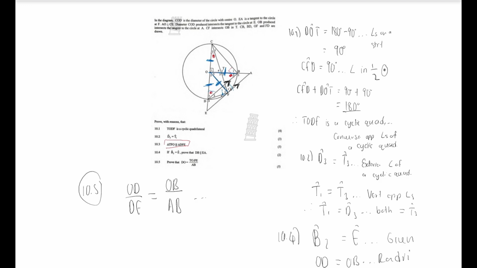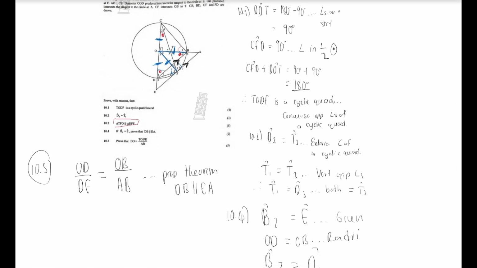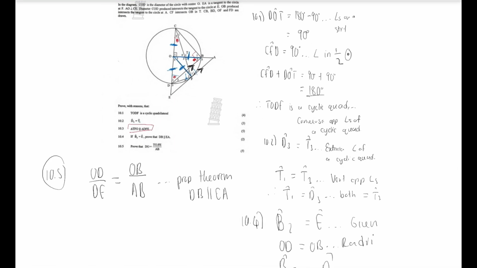And what's the reason? You can say prop theorem if you want. Yeah, let's just say prop theorem. And we state the parallel lines, DB parallel to EA. Yes. And then you're going to get that therefore OD equals OB times DE over AB.